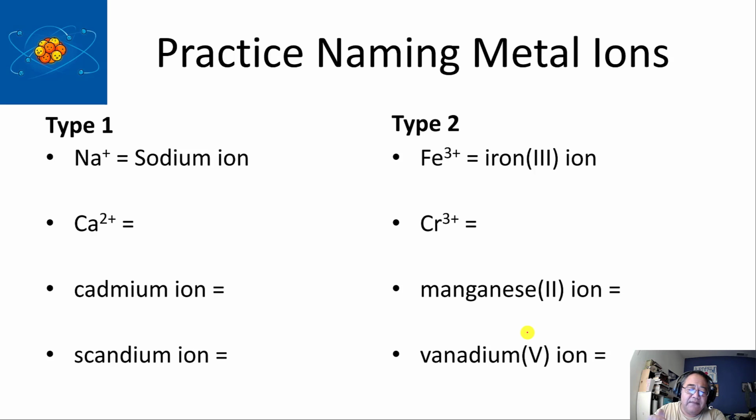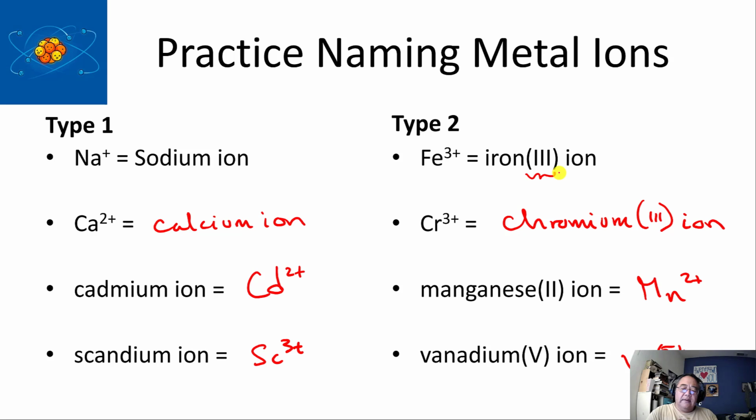If it's iron 3 plus, you have to write that, or otherwise people don't know that's the charge of the ion. And this is going to be really important when you give a name of a compound and people want to write the formula from the charges, okay? So why don't you go ahead and answer the remaining, what the names of the ions are, or what the formulas of the ions are.